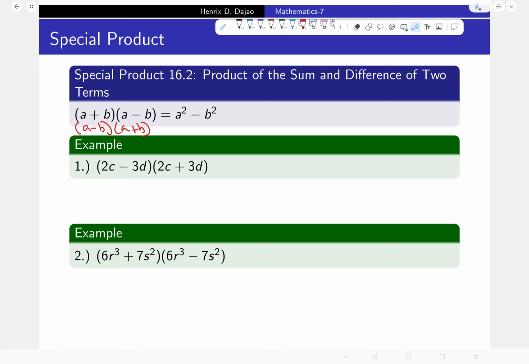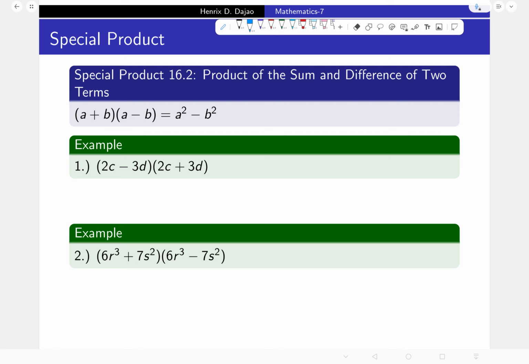Since this is just multiplication, it is commutative, so you can just write this one first. Anyway, this is the pattern: a squared minus b squared. So just simply recognize the pattern.